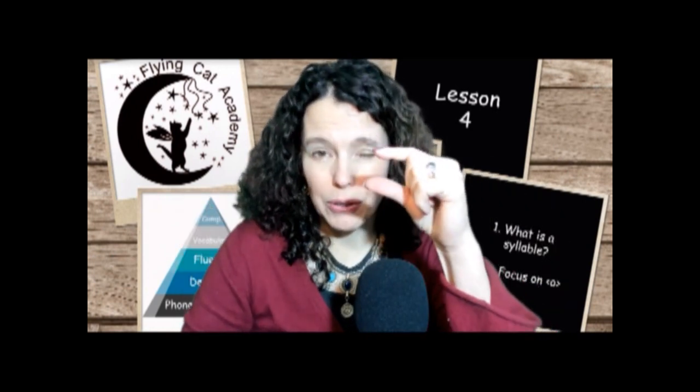Now we'll move on to the new concept for today's lesson. We're going to learn the definition of a syllable. What is a syllable? Well, put your hands like this, and that's going to represent a whole thing. A syllable can be a word. Or it could be, and go like this, this represents just a little bit.